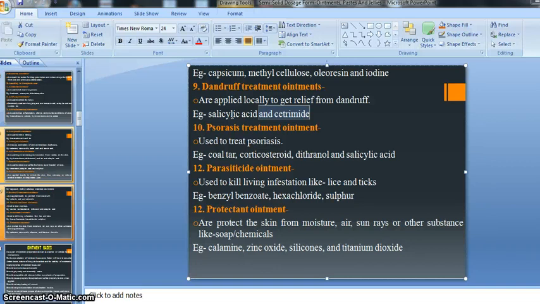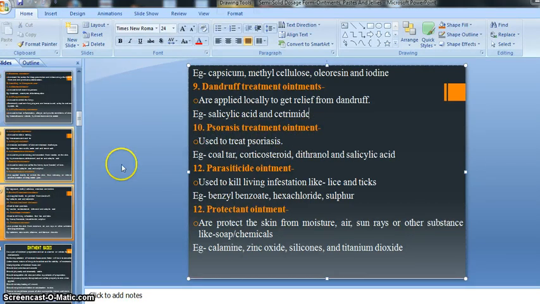You should notice that the anti-dandruff shampoo you use contains cetrimide or salicylic acid. These medicines act as anti-dandruff drugs. In this way our ointments are classified as dandruff treatment ointment, then psoriasis treatment ointment.